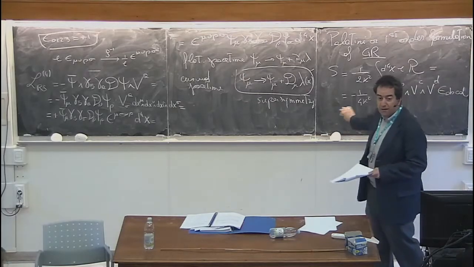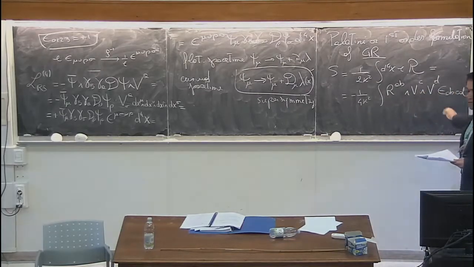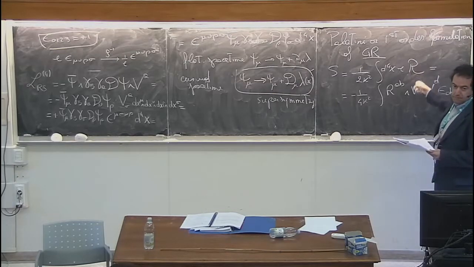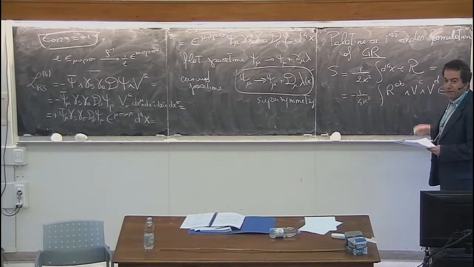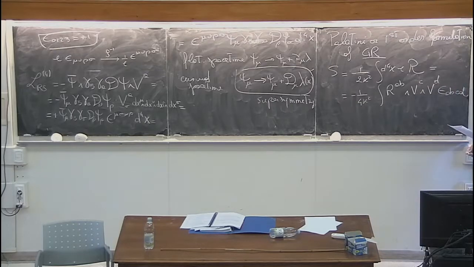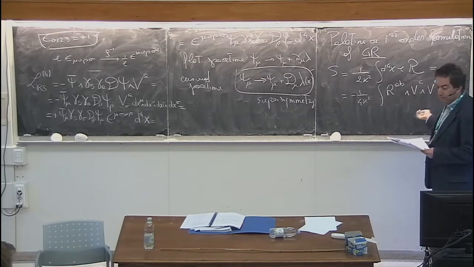So far we haven't used any first order description. We have just rewritten the Einstein-Hilbert action. Why is it so?